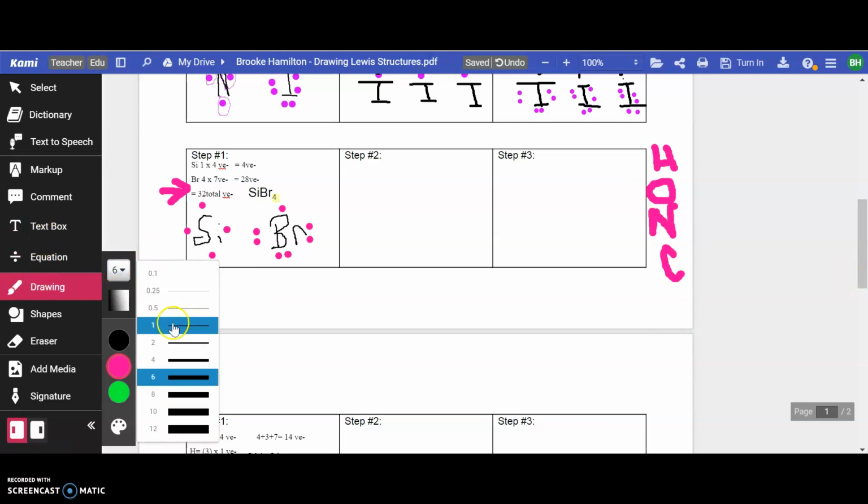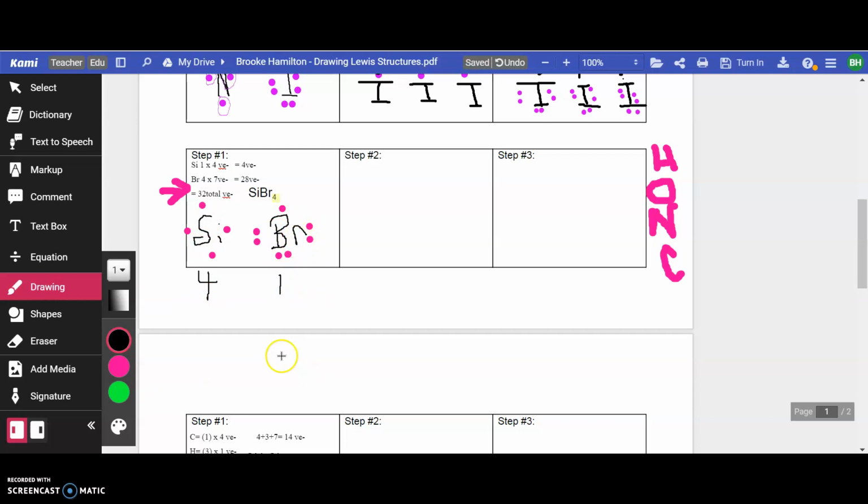So in this case where we have silicon and bromine, the silicon is going to make 4 bonds, bromine is going to make 1. So if this makes the most amount of bonds, it is going to be our central atom. So we have 1 silicon and 4 bromine. We're going to put the 4 bromine around the outside.